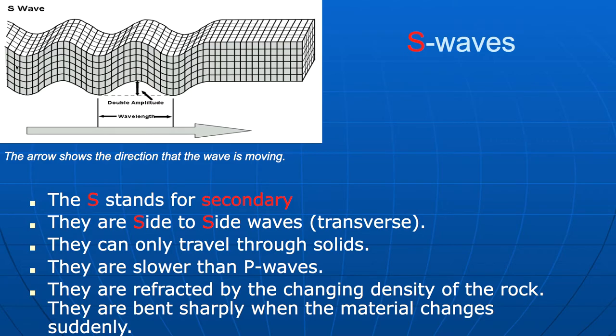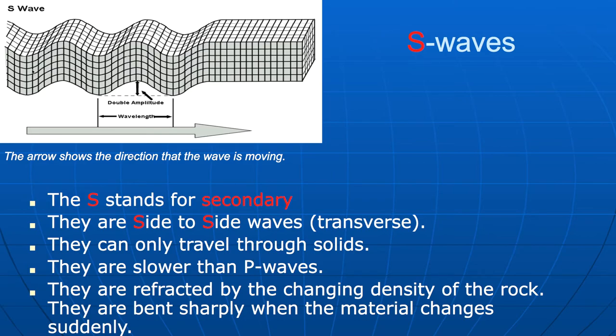So if you imagine two water molecules side by side, if I make this water molecule vibrate up and down, there's no reason why the water molecule next to it's going to vibrate up and down. They're not connected. So there is a certain amount of, if you like, internal friction, viscosity in water and in liquids generally, that will allow some transmission of that vibration from one molecule to the next, but it's not very effective.